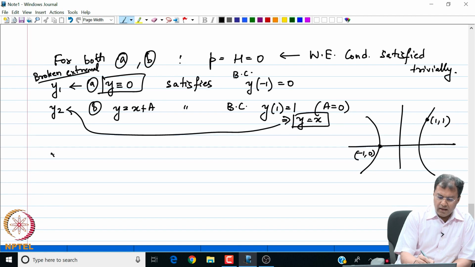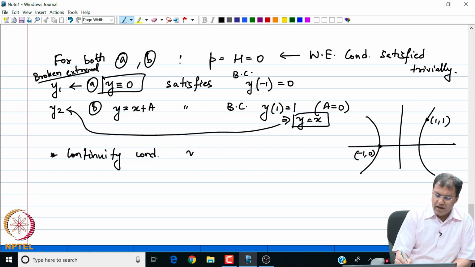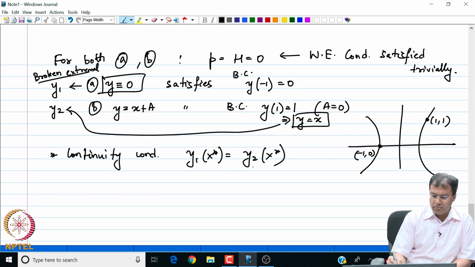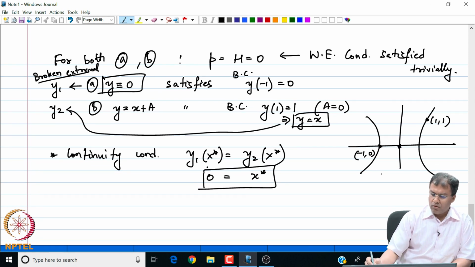Now my continuity condition of the broken extremals will give me that y1 at x star will be equal to y2 at x star. At x star, the corner point, the solutions must match. So I get that 0 is equal to x star, or the solutions match at 0.